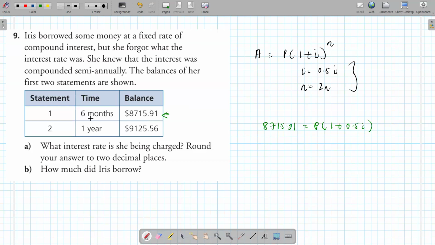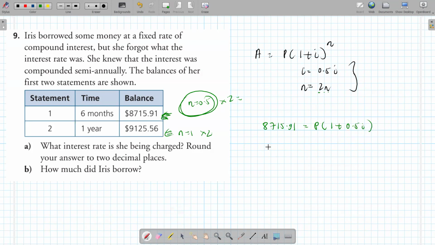How many 6 months in a year? So your N is 0.5. Half a year. Here your N would be 1. But then you need to multiply that by 2 because it's been done semi-annually. So at this point, half a year has passed, but you need to multiply that by 2. So 0.5 times 2 is a 1. So that's our first expression.